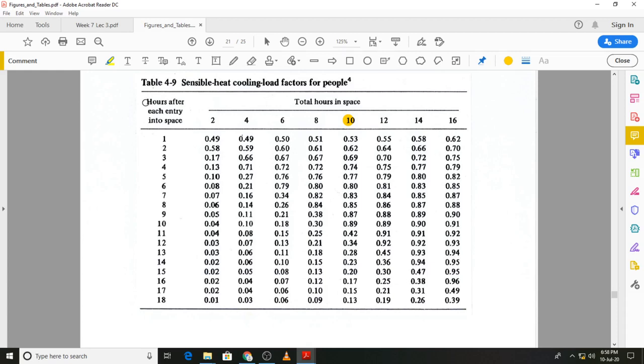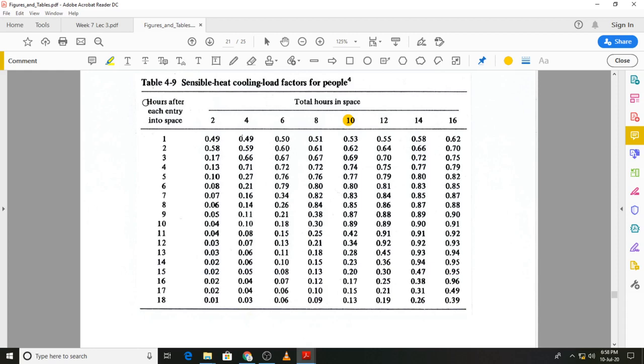And this is where you have to be careful how to interpret this statement. We are told to find out the cooling load at 1400 hours, and the people enter the conditioned space at 0800 hours. So what we want to see is, at the time that you need to calculate the cooling load, how much time the people have already spent in the conditioned space.